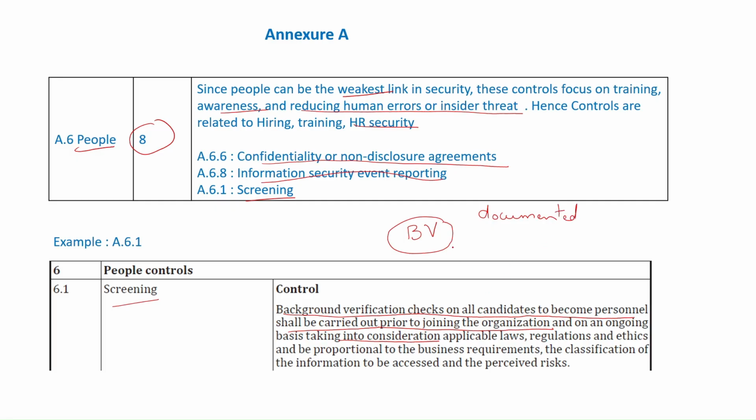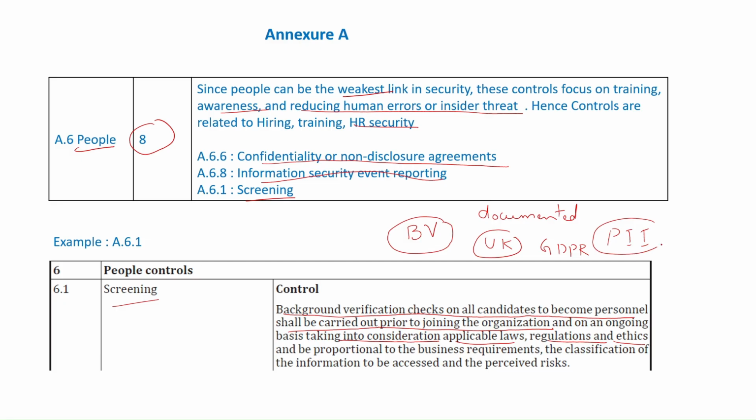When you do the background verification, you need to take into consideration applicable laws, regulations, and ethics. For example, in countries like the UK, GDPR is one of the mandatory regulations, because when you're doing background verification, you're dealing with PII, personally identifiable information.